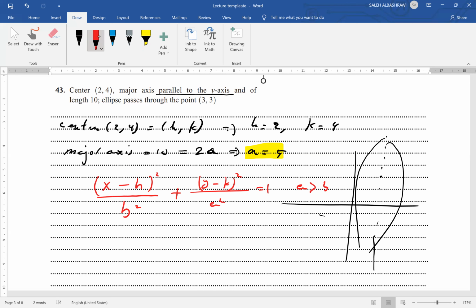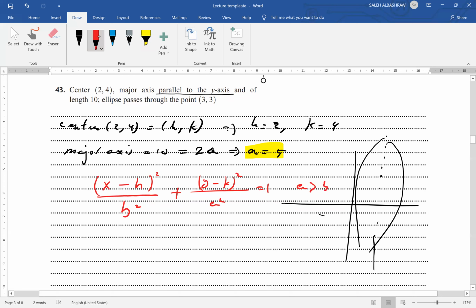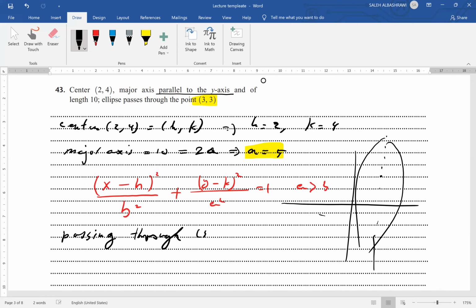We have h, we have k, we have a, we can find b. Because it's given that this ellipse is passing through (3, 3). Passing through the point means that I'm going to replace x by 3 and y by 3 in this equation.